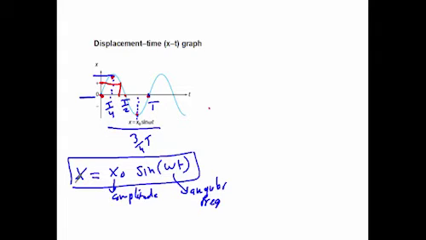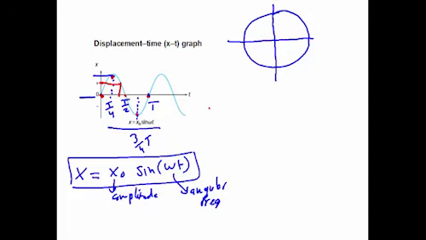Let us make things more clear. Let's talk in terms of circular motion, and we will know why. If we have an object like a pen moving in a circular motion on this circumference, and we have a screen and a light source here, we can get the projection of this object on the screen.